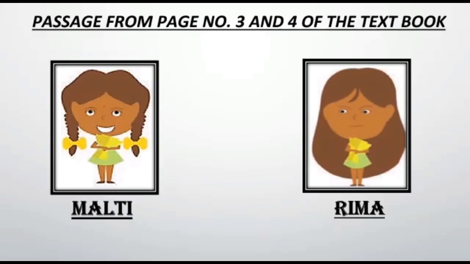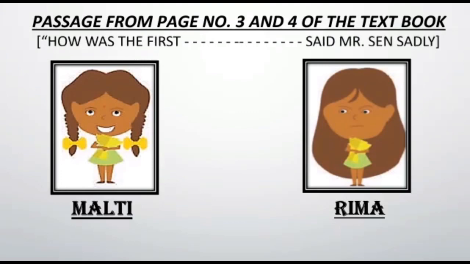Starting line: "How was the first day?" said Mr. Sen sadly. The characters in this passage are Malti, Rima, Mr. Sen, and Mrs. Sen, who are the parents of Rima.